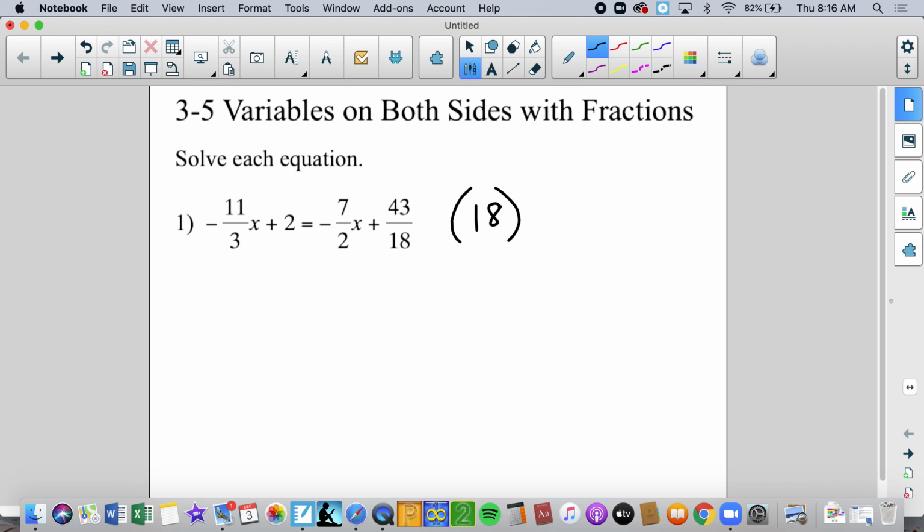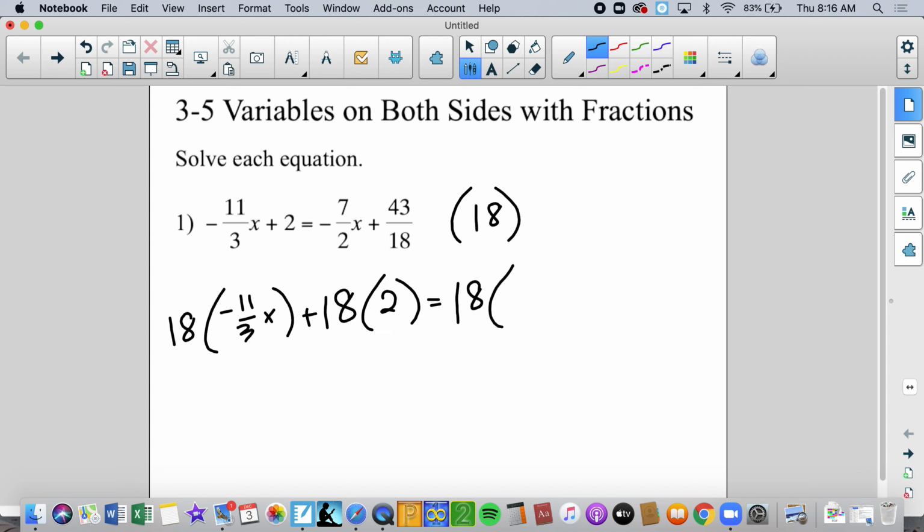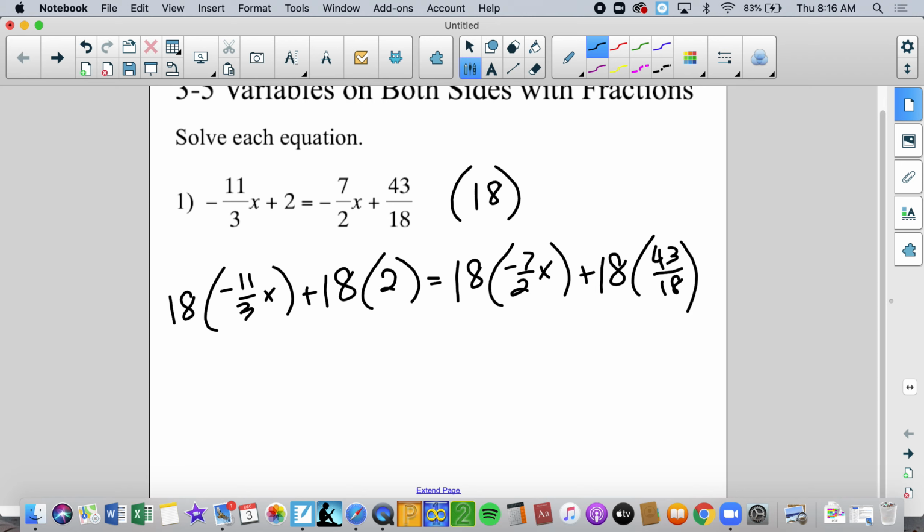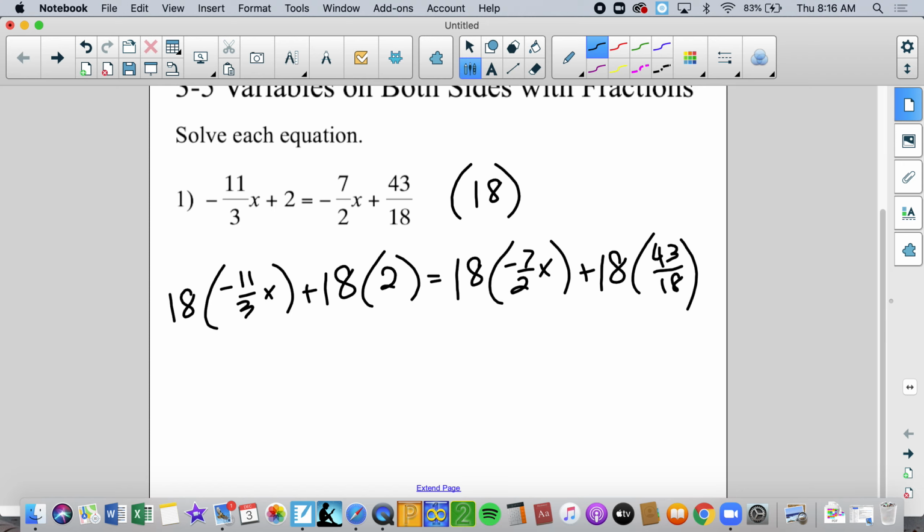So 18, we're going to multiply 18 times each of these pieces. And remember that the negative stays with the 7 halves. And we're distributing a positive 18, so we're always going to have a positive sign in front of that 18.